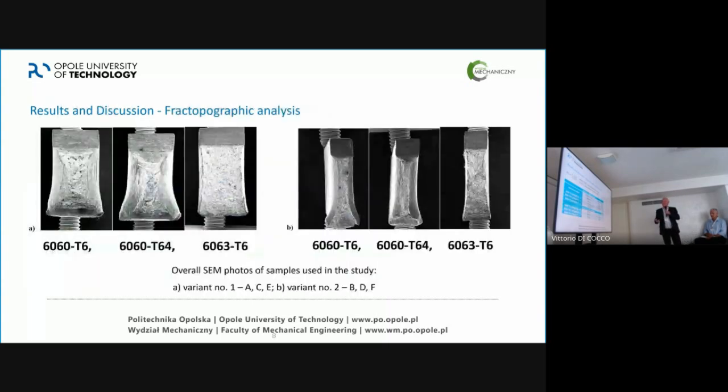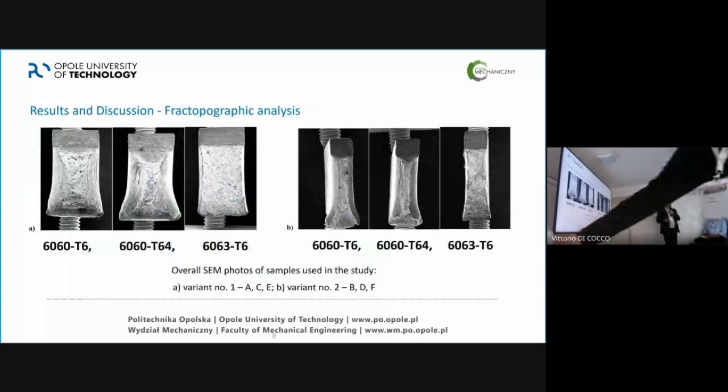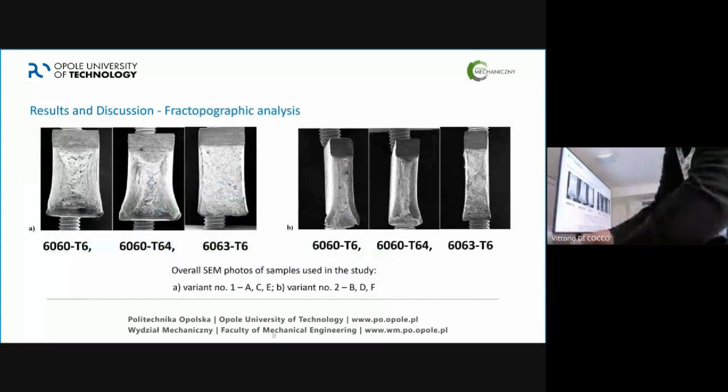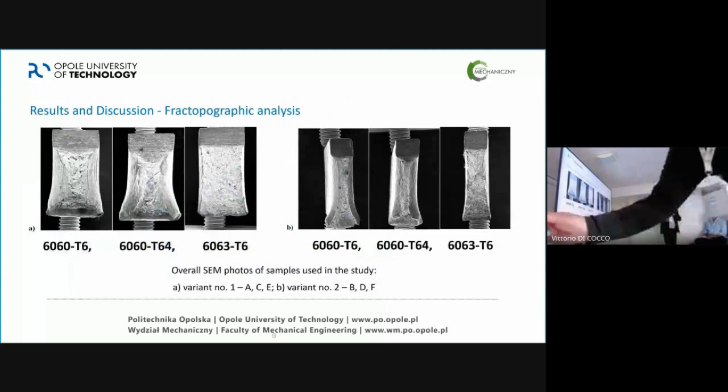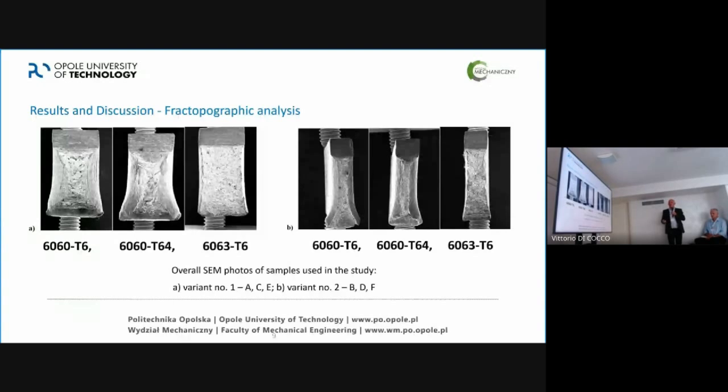And here we have the most important photos of samples used in the study. On the left side is variant 1, so it is 3 millimeters, and the thick on the right hand. We have these photos from the microscope.